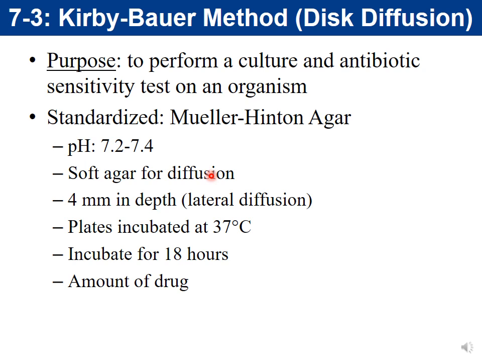So for example, that's the pH of the blood. These drugs are going to be in the blood, and therefore we want to test these antibiotics in the blood, right? We want to mimic the environment that they're in the blood. And so you just want to go through and review for each of these parts what is the purpose of this being standardized? What does this control for? What does this mimic? And so that's what you want to study from this.